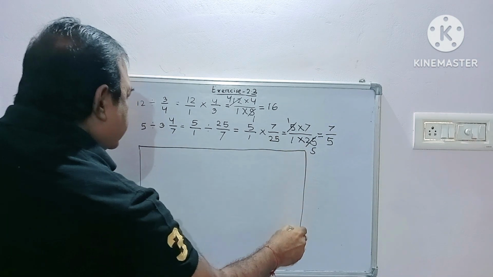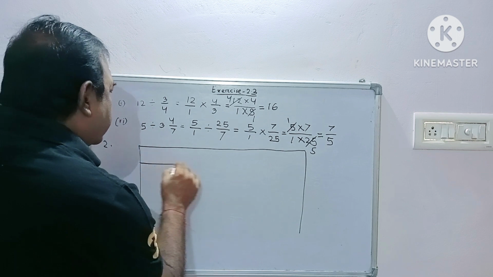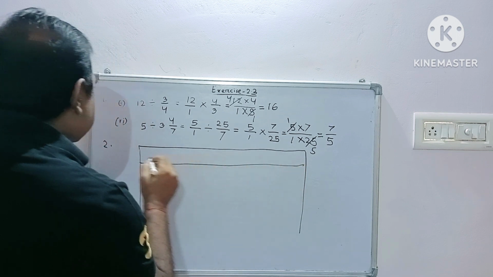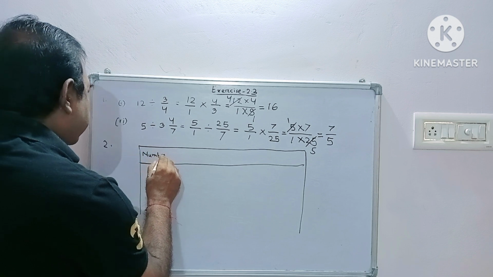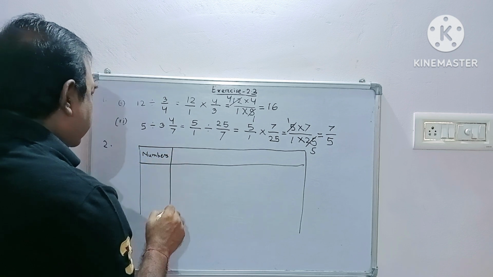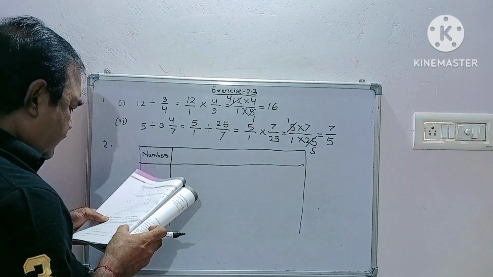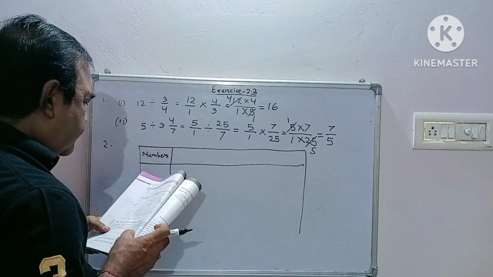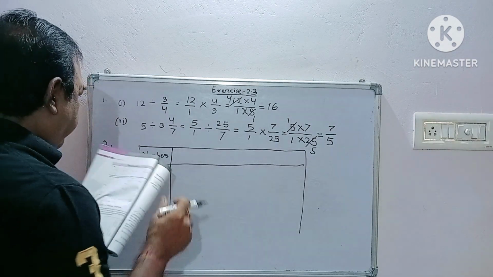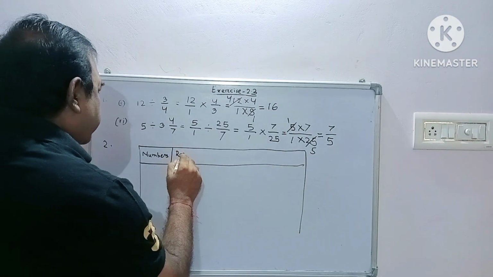Just make a table like this, with the numbers and the reciprocals.